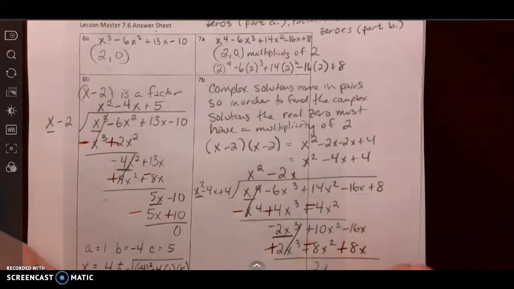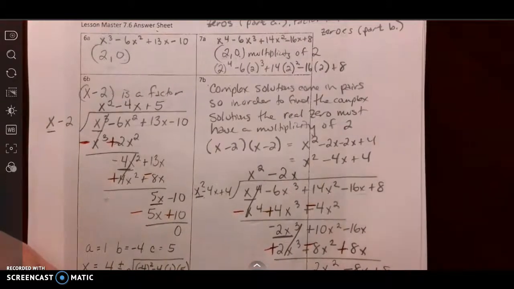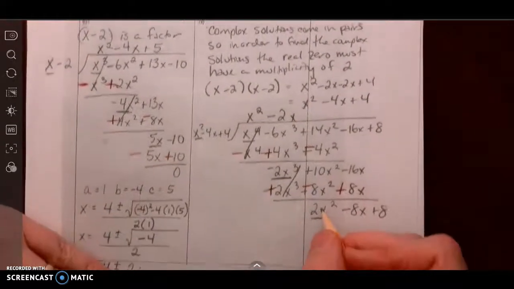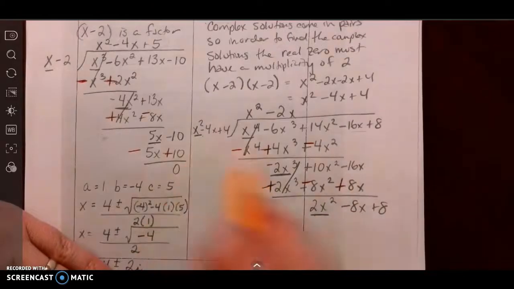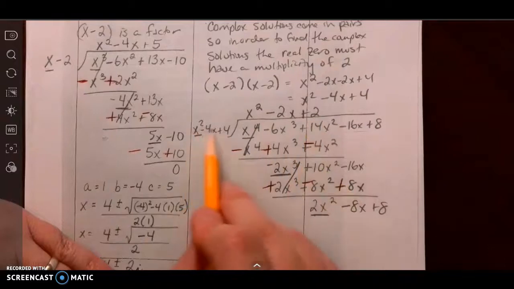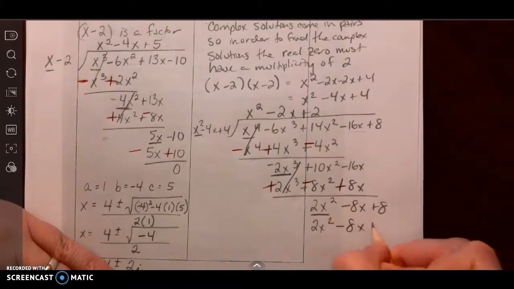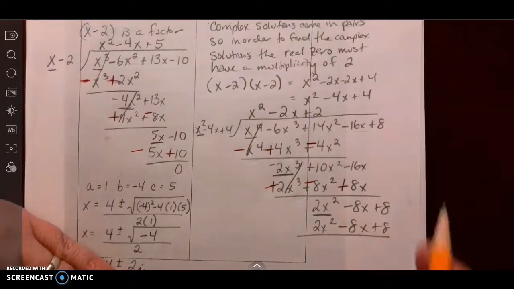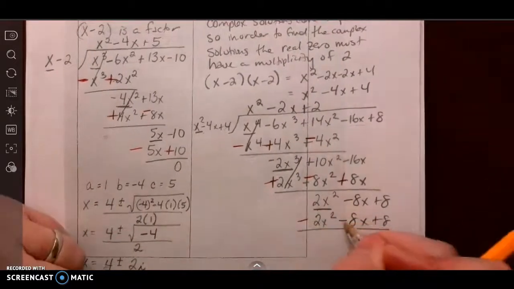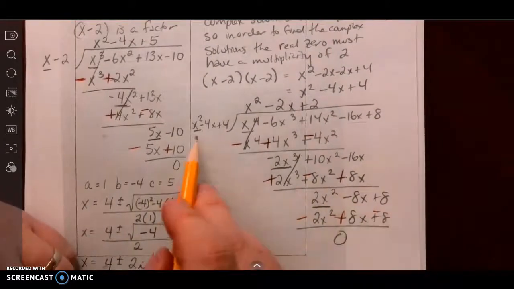And I get 2x squared minus 8x plus 8. Focus on the first. 2x squared divided by x squared is 2. Multiply the 2 by this trinomial and I get 2x squared minus 8x plus 8, which is what I wanted to happen. I wanted to have no remainder because this is a factor.